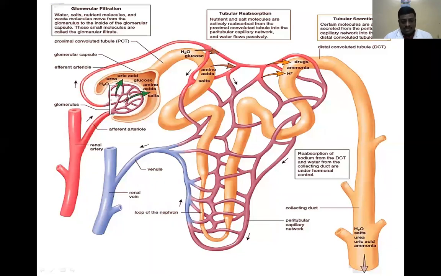Whatever is filtered goes into the Bowman's capsule: salts such as sodium, potassium, chloride, glucose, urea, and creatinine. These filtered substances then reach the proximal convoluted tubule, loop of Henle, distal convoluted tubule, and finally the collecting duct, and from the collecting duct go to the urinary bladder.